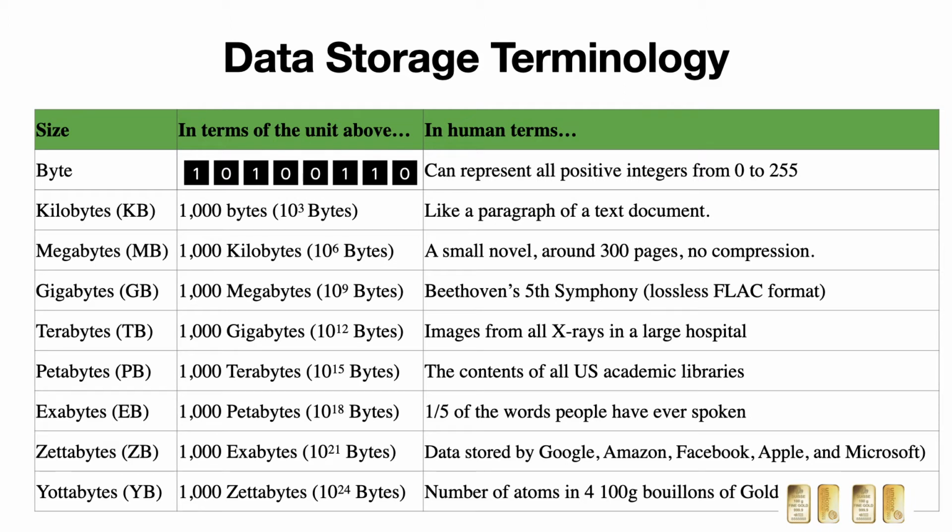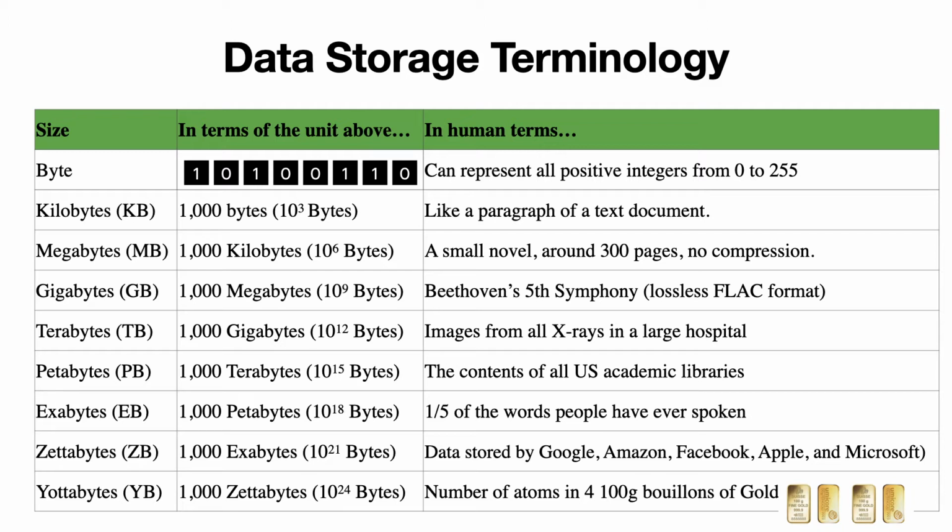1 kilobyte is 1000 bytes. There are different definitions that make this slightly different. For some purposes, people do not count 1000 bytes, but 1024 bytes.